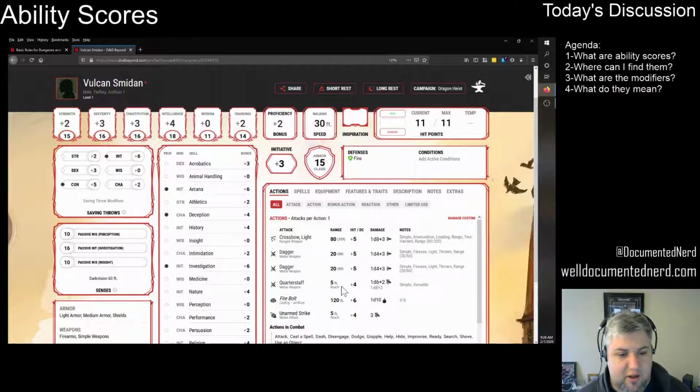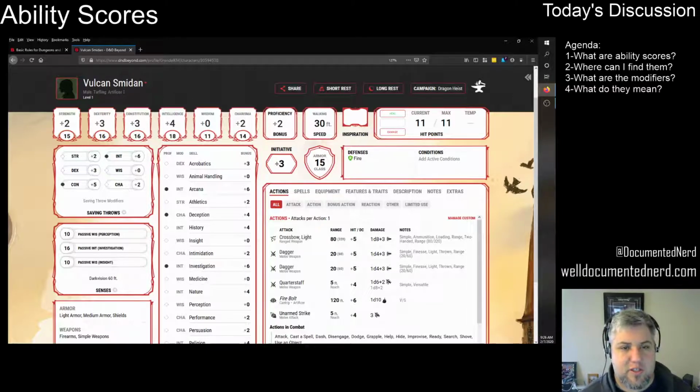But you notice here that all of these correlate back to individual items. So, for example, quarterstaff, +4. I have a +4 with a 5-foot reach for a quarterstaff. So +4 is strength plus proficiency bonus. You'll notice my quarterstaff deals 1d6 +2 for strength. So that's how these scores matter.